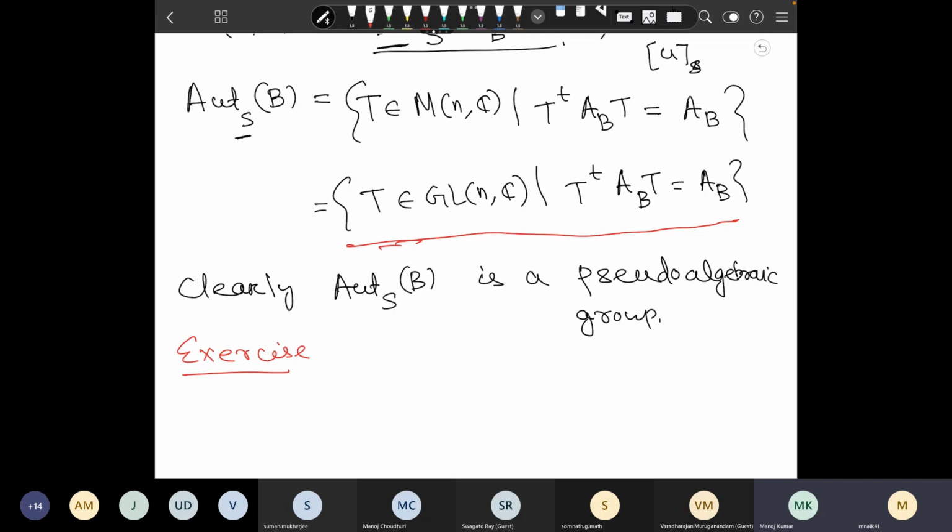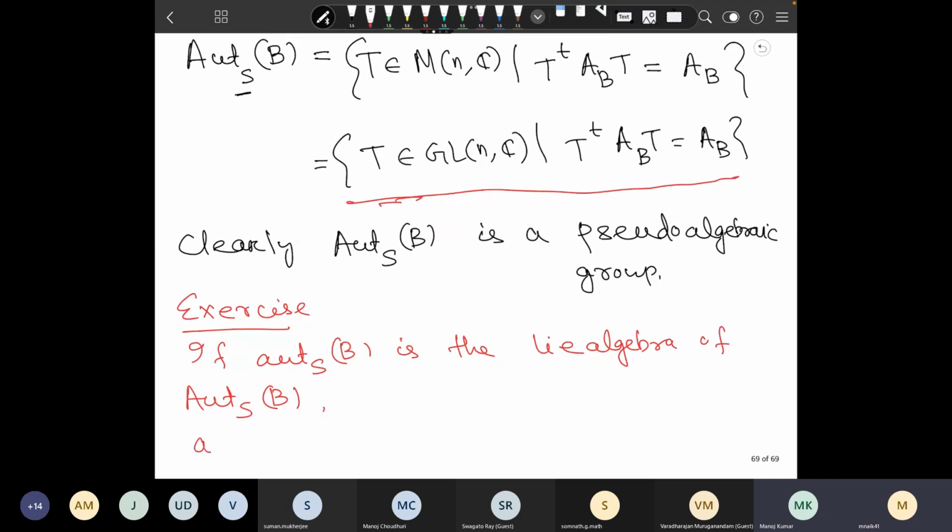Okay, suppose small o_S(B) is the Lie algebra of Aut_S(B). Then o_S(B) is equal to the set of X belonging to M_n(K) such that X transpose A_B plus A_B X is equal to 0.